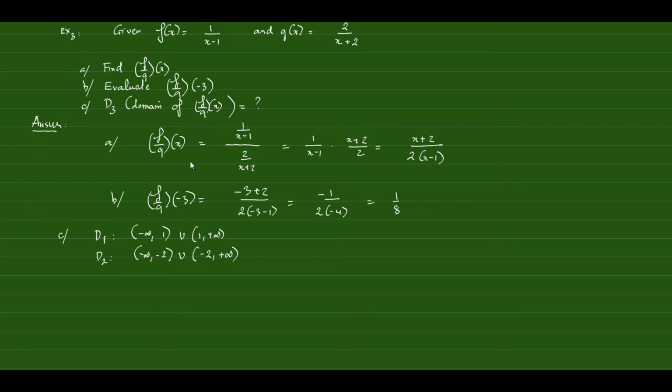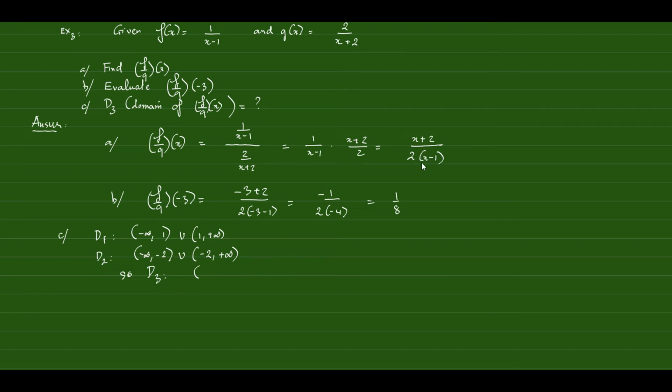Okay. Now, in order to find D3, which is the domain of this, you see the domain of this? At negative 2 it is still defined. So for D3, you have to look at the domain of this one. At 1 it's not defined, because 1 minus 1 is 0, so it's not defined at 0.